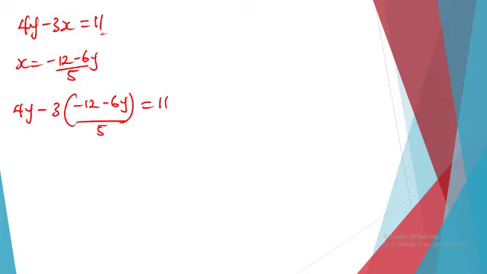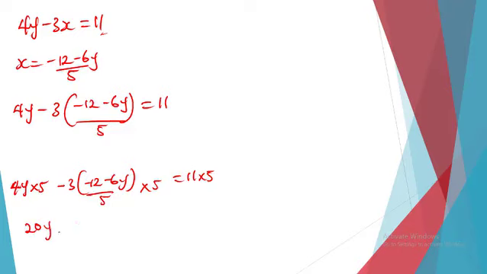What do we need to do here? We need to multiply both sides by 5. If we multiply through by 5, we have 4y times 5 minus 3 into minus 12 minus 6y all over 5 times 5 to be equal to 11 times 5. 4y times 5 will give us 20y.